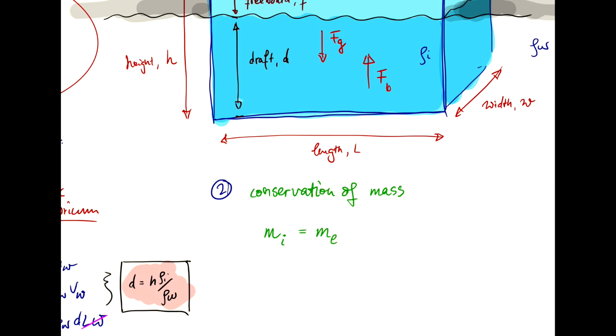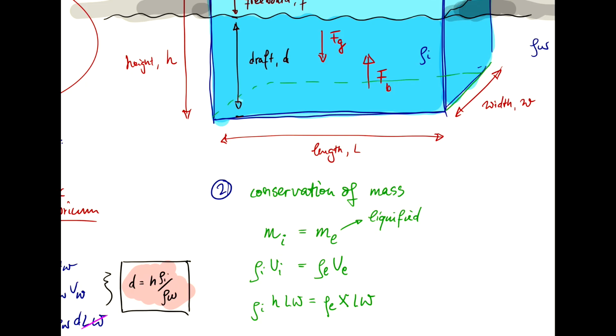I'm using L for liquefied here, and so if we have rho I times V I as before, that would be rho L times V L. And now we're just considering that we're distributing the meltwater over the same area A, so we still have rho I H times L W is rho L. And let's call this depth x, and the area LW. So we're filling the same area as the displaced water, and we're wondering how large is this height x.